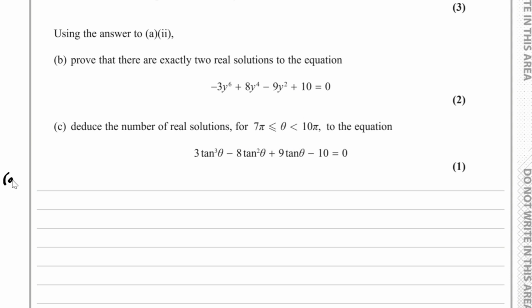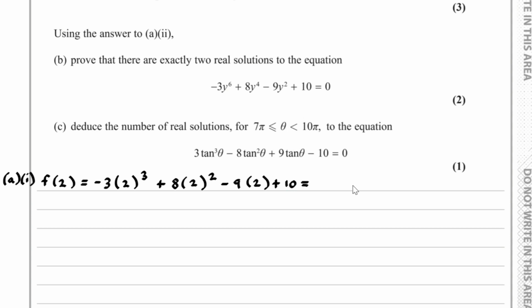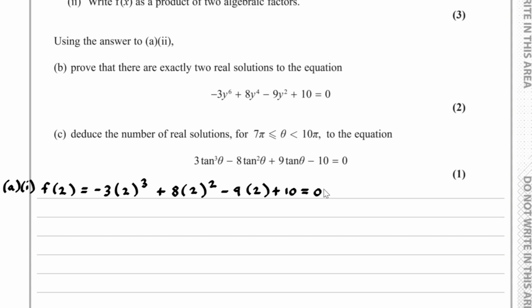So f of 2 is equal to negative 3 times 2 cubed plus 8 multiplied by 2 squared subtract 9 multiplied by 2 plus 10. And if we work this out, we get 0.